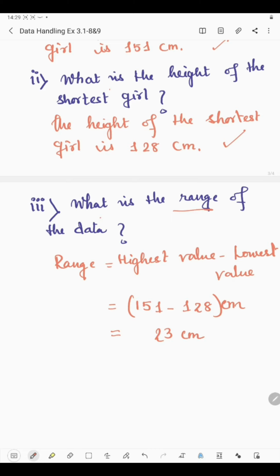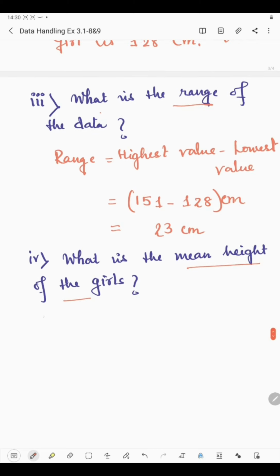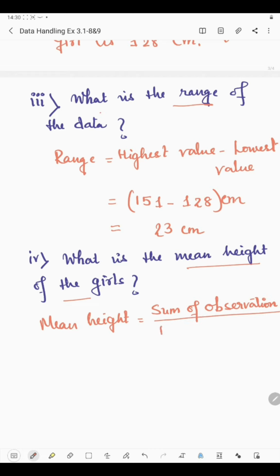Now coming to the fourth part. In the fourth part we need to find the mean height of the girls. So mean height, how to find? The formula for finding the mean is the sum of observations divided by the number of observations.